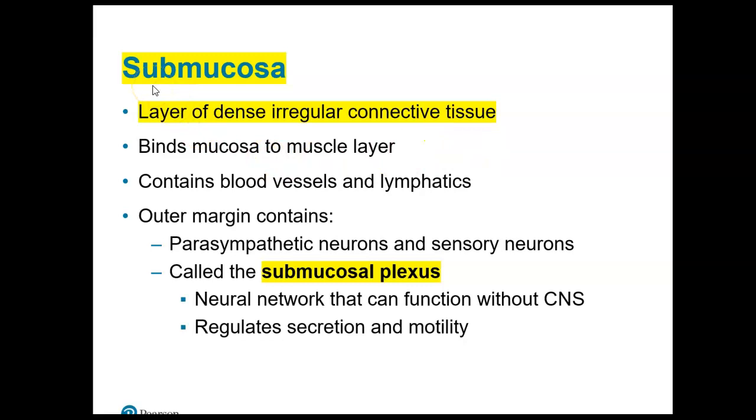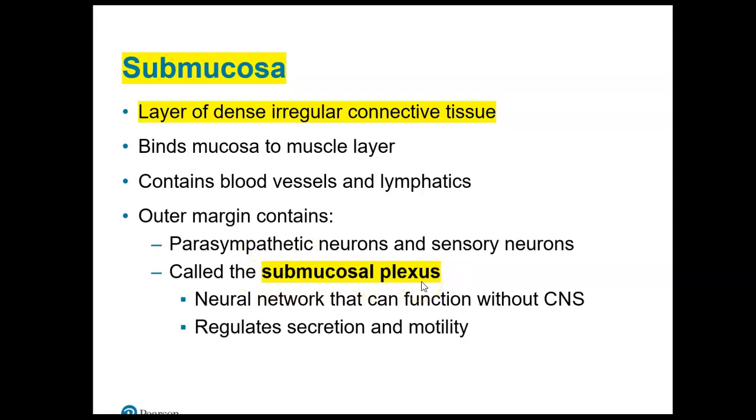Submucosa is a layer of dense, irregular connective tissue, similar to, I don't know if you remember when we were covering the integumentary system, the dermis of the skin, the deeper layer called the reticular layer, is also composed of this dense, irregular connective tissue. And then you're going to find within the submucosa, the submucosal plexus.